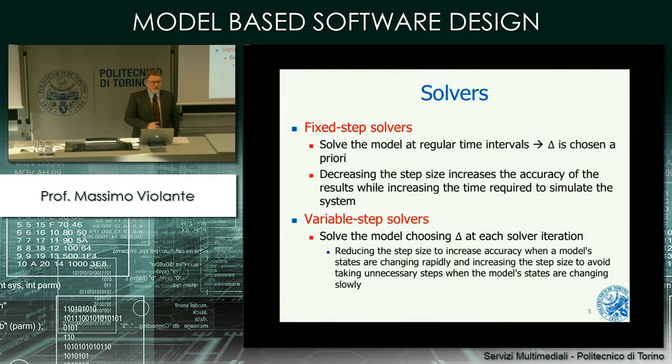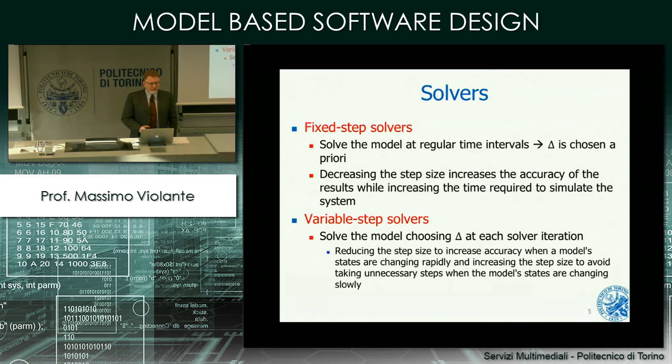So whether you use 100 steps or 10 steps, each step will be based on the very same delta. Let's say delta is set to 10 milliseconds, then your model will be solved with a time quantum of 10 milliseconds. Okay? Every 10 milliseconds, the inputs are sampled, the outputs are produced, and the next state is evaluated.